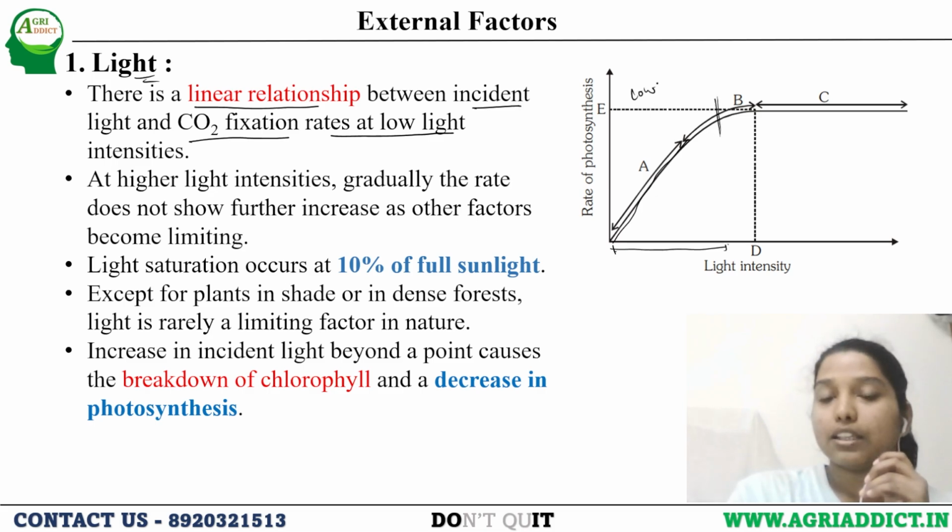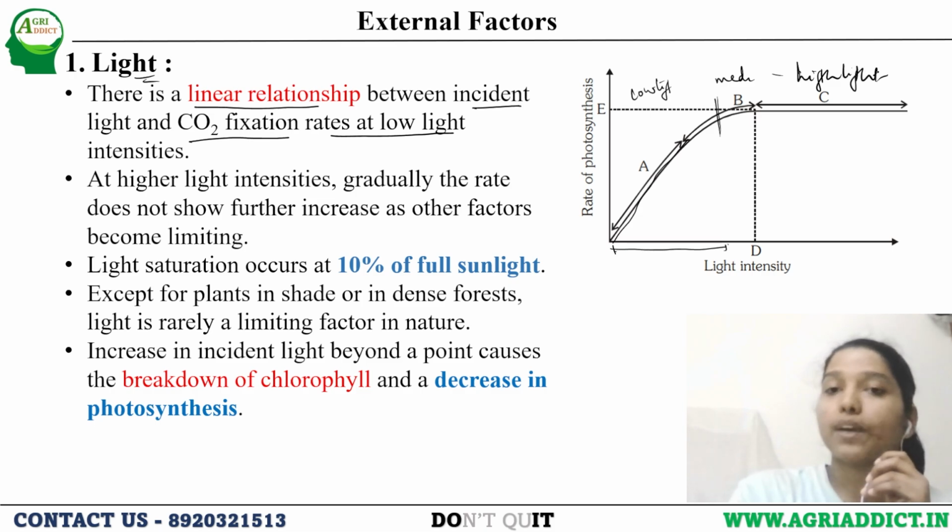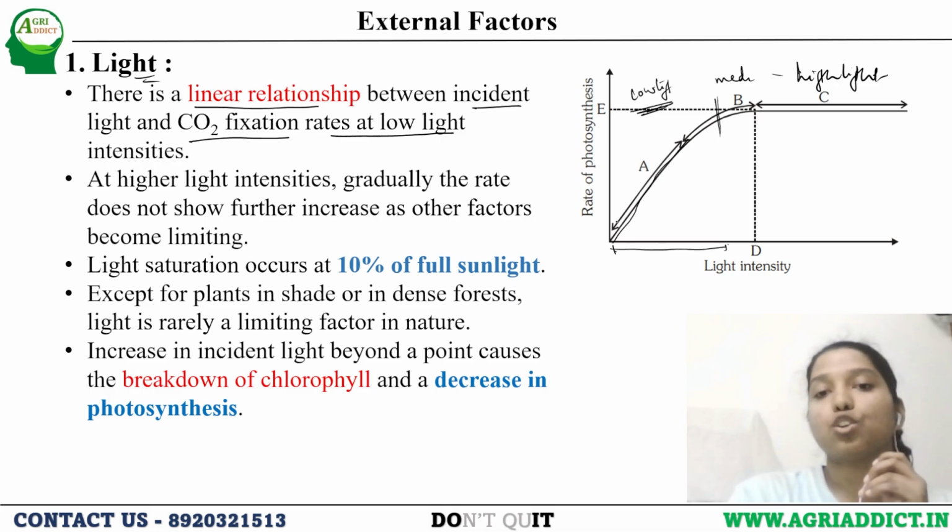Here is the low light condition, medium light condition, and now comes the high light condition. In low light, when we increase light intensity, the rate of photosynthesis also increases in a linear way.